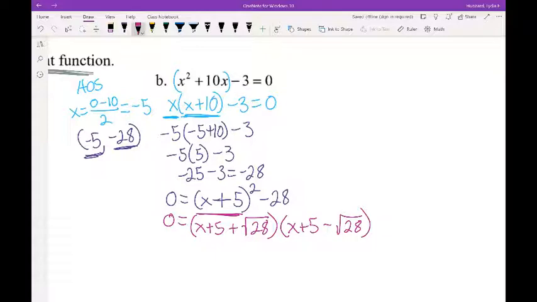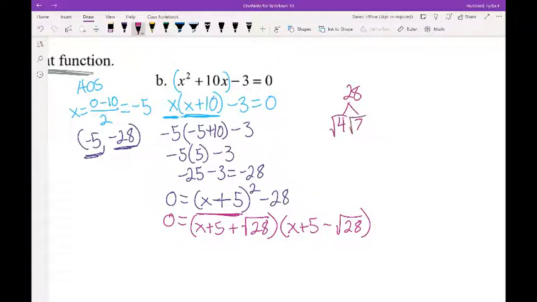Okay, but I also want to talk really quick about this radical 28, because an important part of factoring and solving and new parent functions and radicals is simplifying. So we want to take this radical 28 and simplify it if we can. For those who are really good at picking out numbers, we can see that 28 factors into 4 and 7.